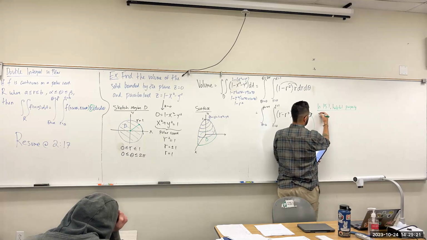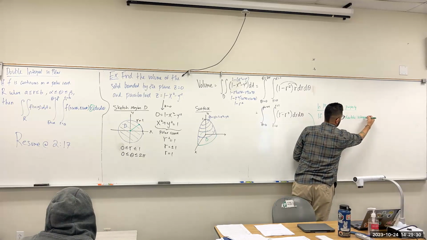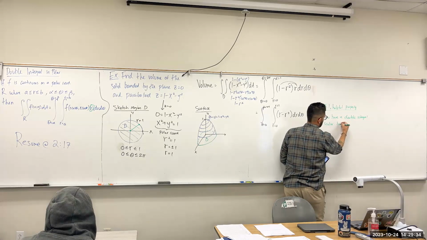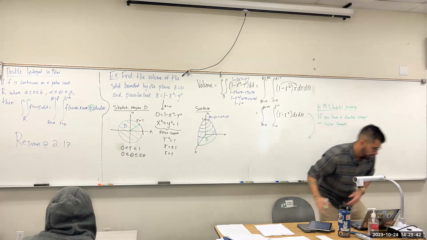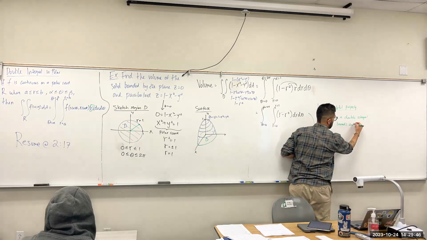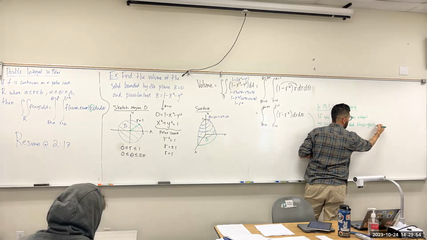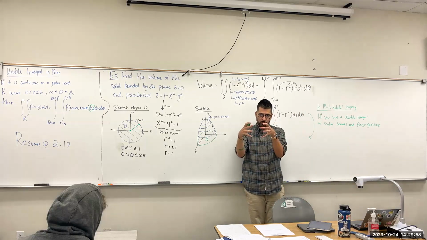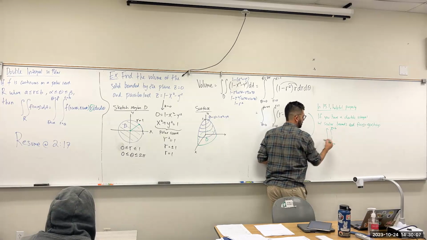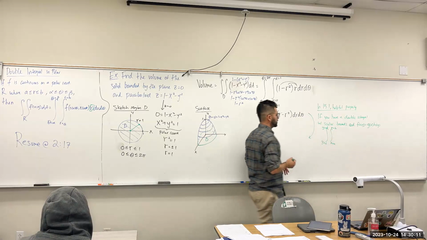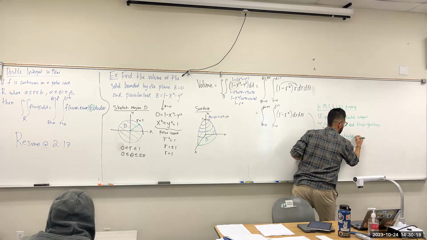If you have a double integral with scalar bounds, and the function that you're integrating can be written as a product of a function of just x and a function of just y, so that there's only x's in one factor and only y's in the other, and x goes from A to B and y goes from C to D.